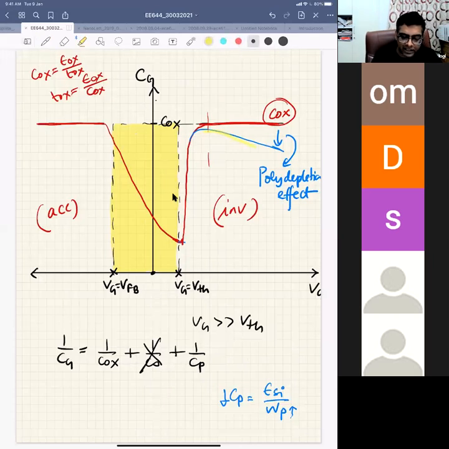As your field is increasing, your surface is depleting more and more, and you will see your capacitance reducing, right? Typically it will start from around 1 volt for a VT of 0.4, and after that I can predominantly see this effect. Yes, you could only see it at very high electric field.